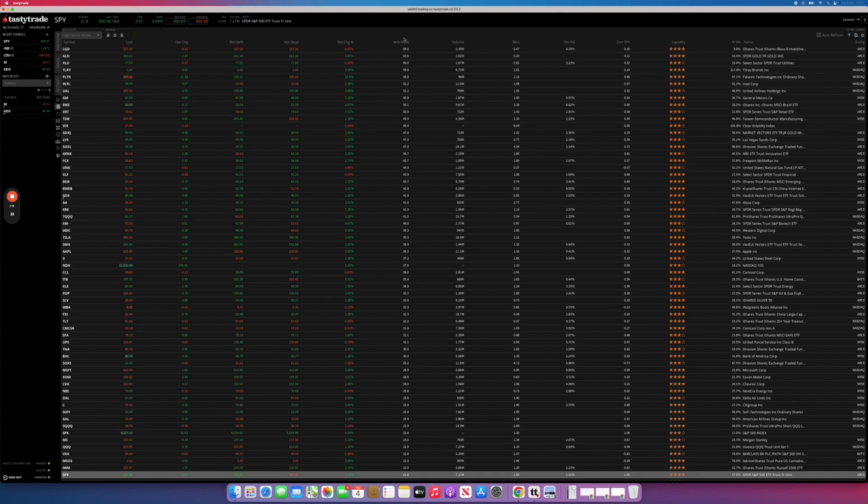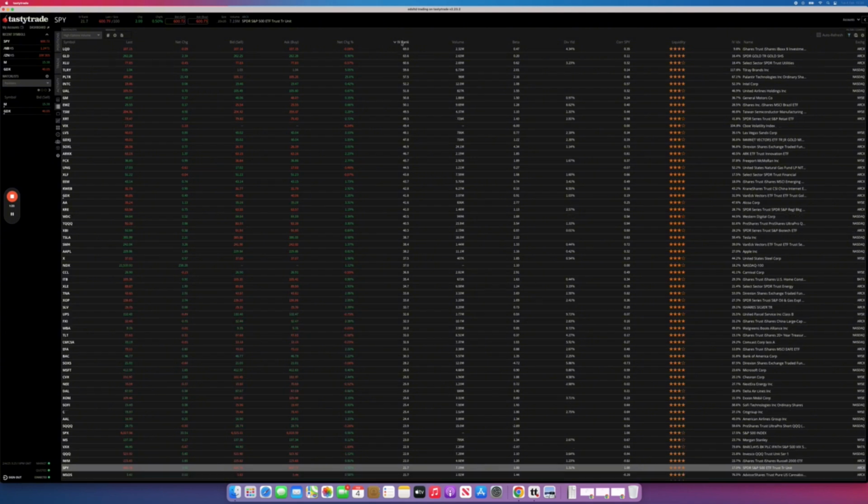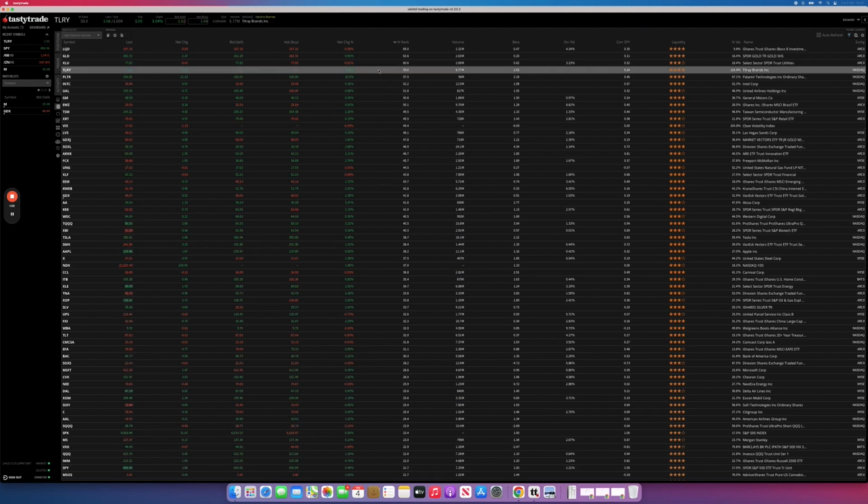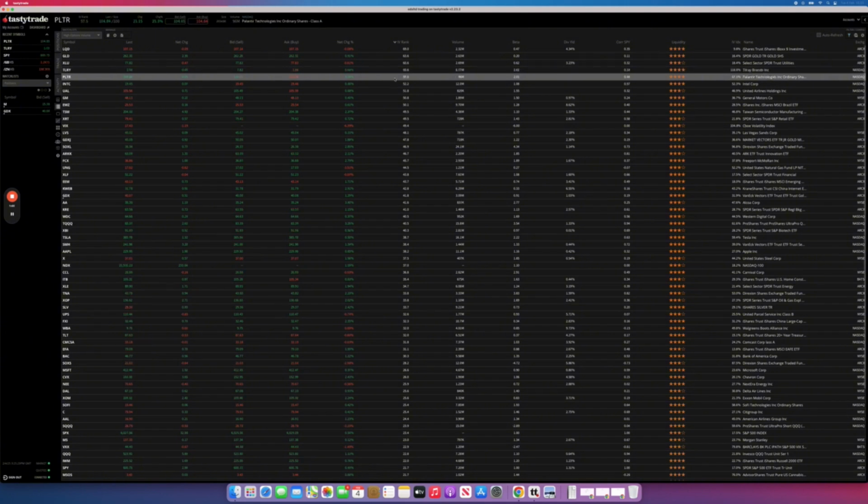IV rank is going to tell you where implied volatility is on a scale of between 0 and 100 relative to itself over the past year. Without IV rank, you won't know where IV is relative to that specific underlying. So for example, we have TLRY here with an IV rank of 59.6, and we have Palantir with an IV rank of 57.5.